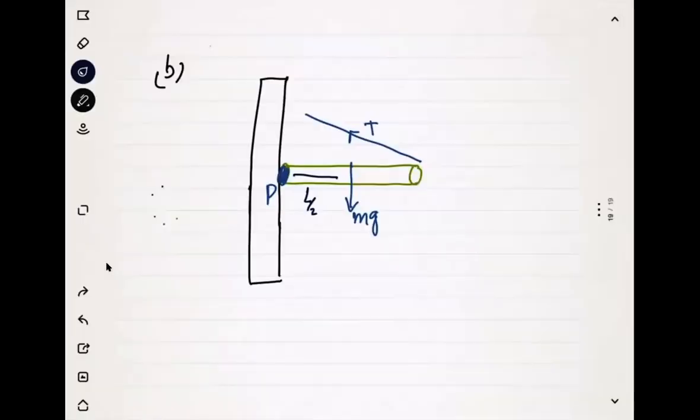If we apply the second condition of equilibrium for this situation, then we can write that clockwise moment will be equal to the anti-clockwise moment.